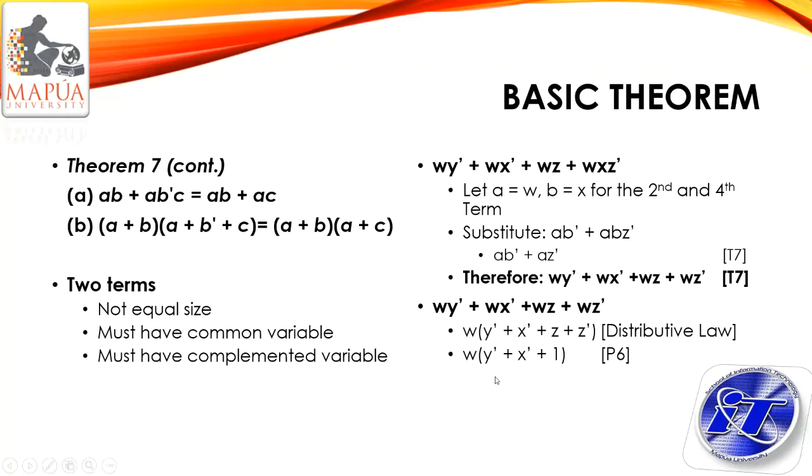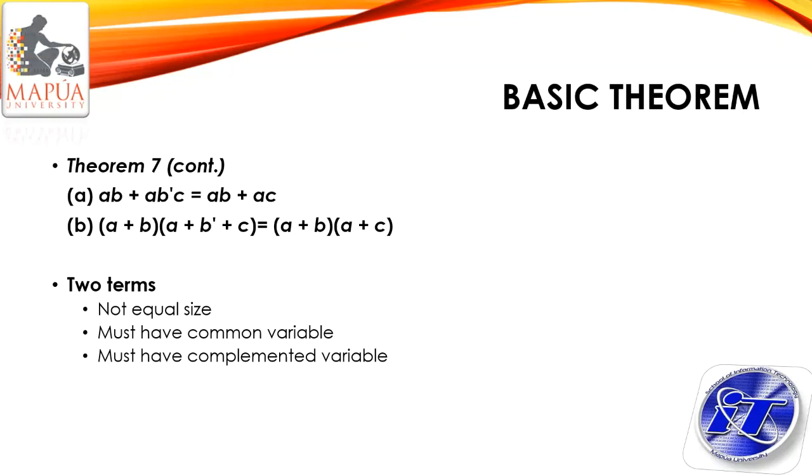And analyzing the second term, we have OR to 1. Based on theorem number 2, anything OR to 1 is equivalent to 1. And anything AND to 1 based on P2 is equivalent to itself. So therefore, from 4 terms, it equals one variable, which is W.